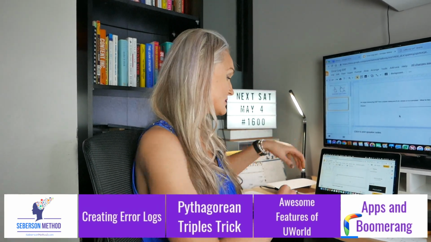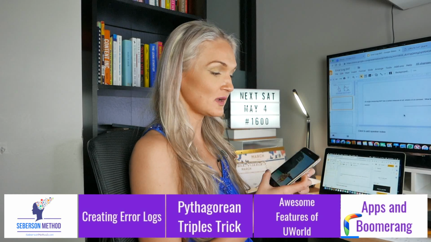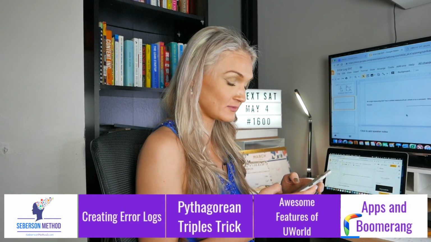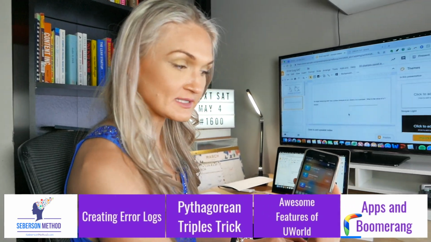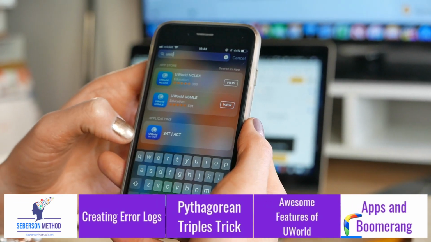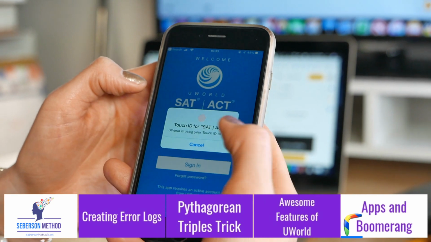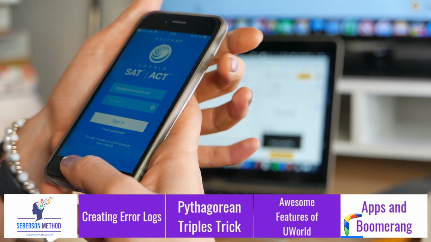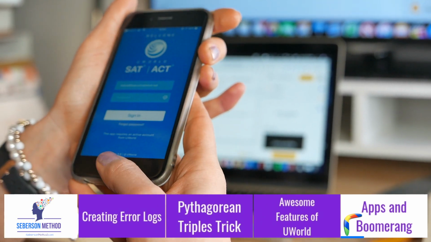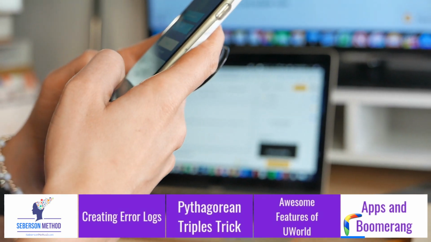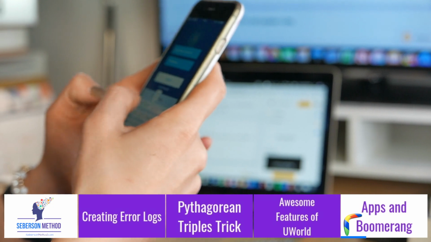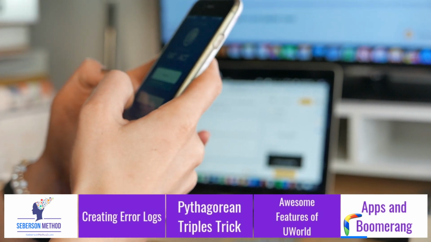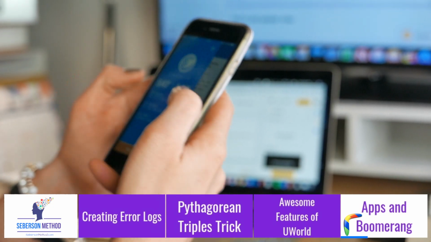But basically, just using your UWorld on a daily basis on your phone. This is what the app looks like. It's the exact same kind of deal. Let me see if I can log in. Probably not, I need to put in my password. Yep, there you go.